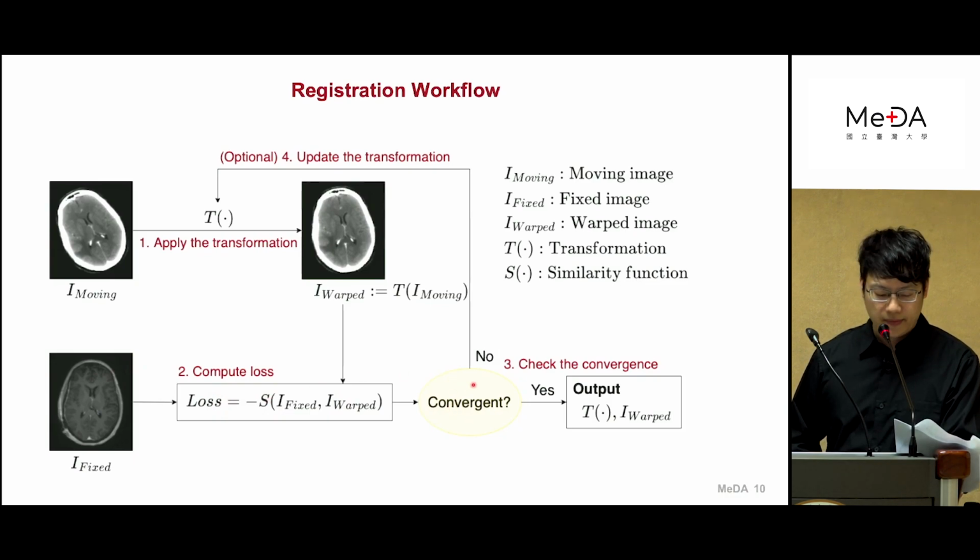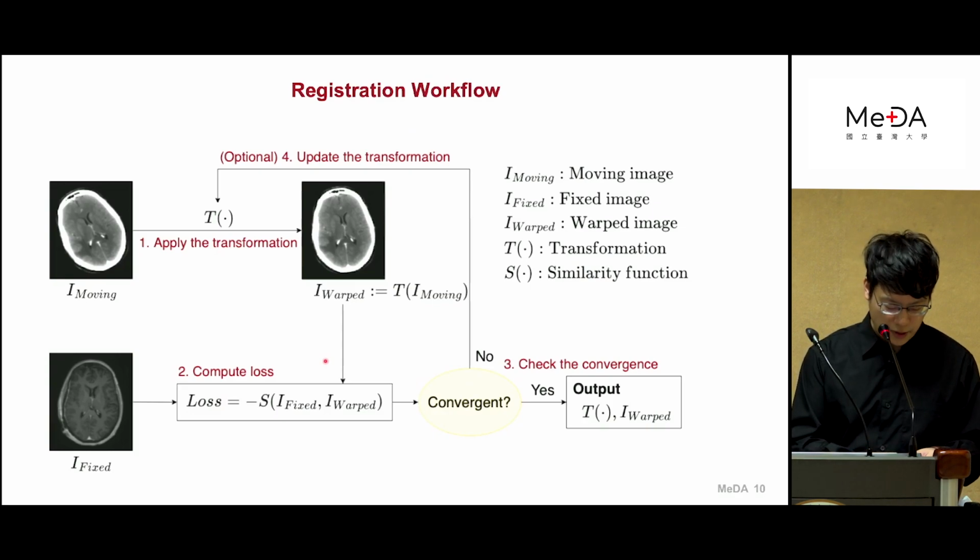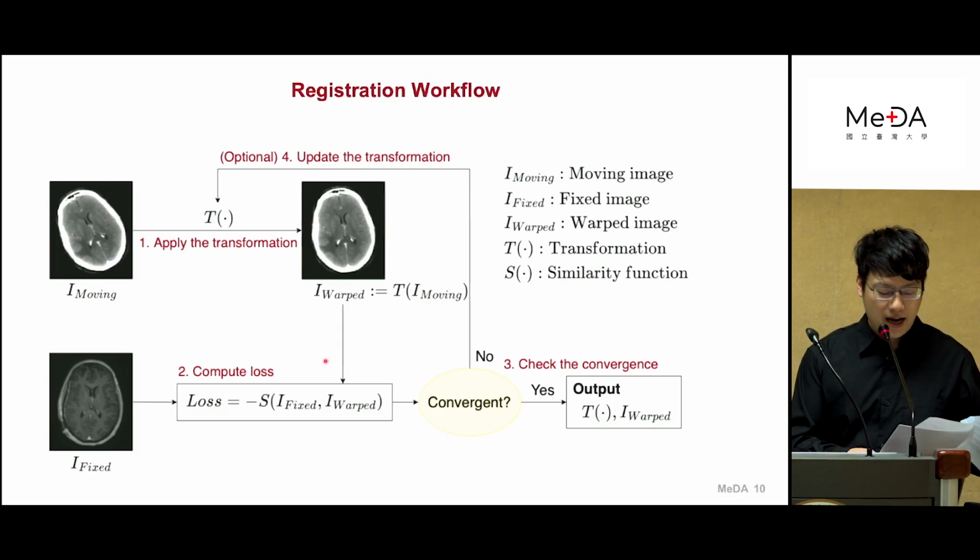In step 3, if the process converges, the workflow outputs the optimized transformation and the warped image. If convergence is not achieved, the transformation is updated and the process returns to step 1. Essentially, it becomes an optimization problem. Understanding this process is very important in image registration.